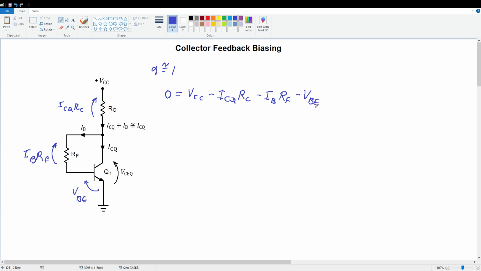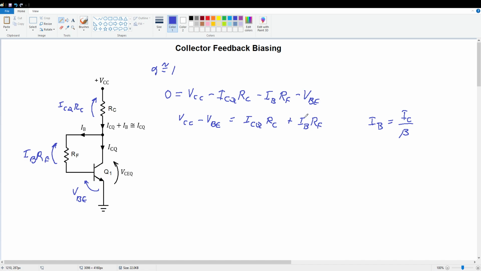Now what I'm going to do next is collect the voltage terms VCC and VBE, put them on the left-hand side, and multiply by -1 to make things look pretty. So we end up with VCC minus VBE equals ICQ times RC plus IB times RF. Now to get common factors here, I'm going to make the substitution IB equals IC over beta. That's one of the fundamental transistor relationships we've been using all along.